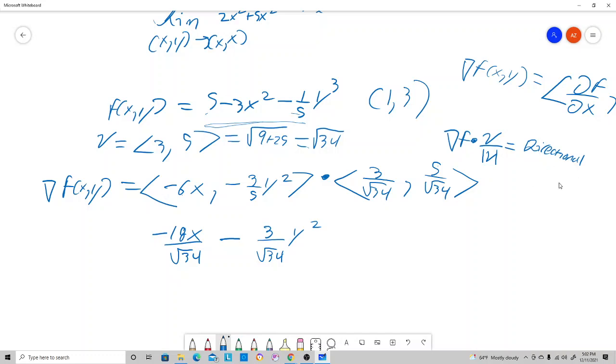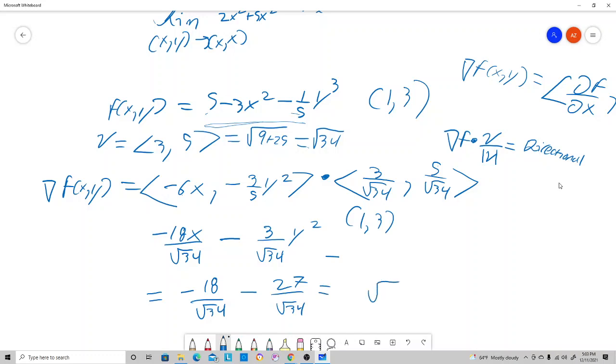And then it's asking us for the point (1, 3). So we can plug this whole thing in, (1, 3). Anywhere there's x, we plug it in. So we're going to come up with a solution of negative 18 over square root of 34, minus, this 3 is going to become a 9 times 3, which is 27, 27 over square root of 34.